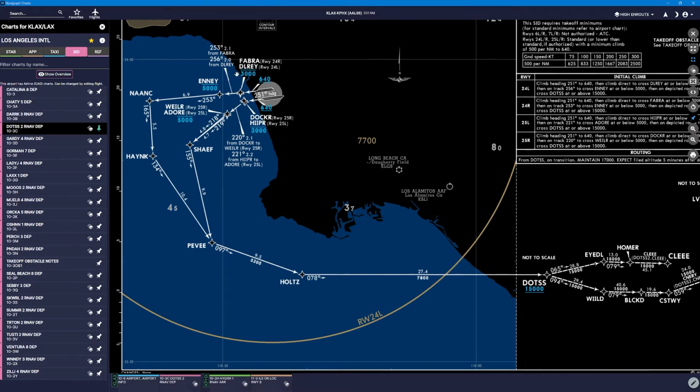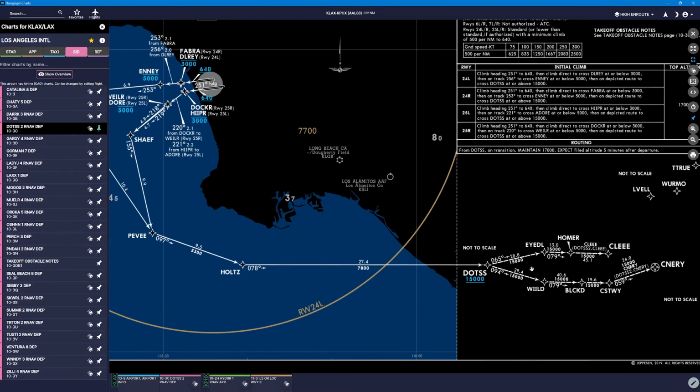Again, when the number is below the line, that means they want you at that altitude. The line means at or below 3,000, and here they want you at 5,000. But this one is at or above. And then, of course, from there, hopefully by then you will have received your final filed altitude.